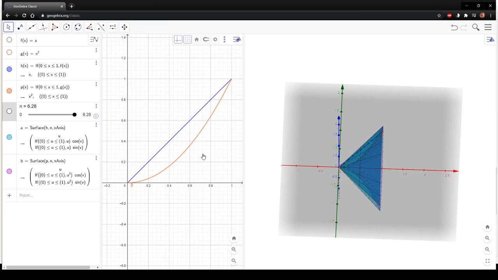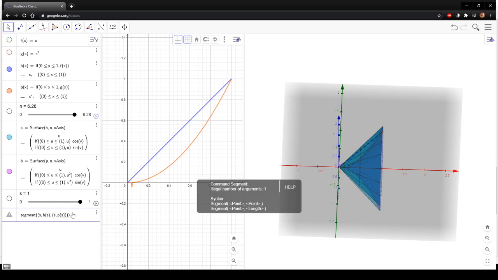So let's take a look at what these vertical slices are going to be. Let me start another slider. So the slices are going to range from x equals 0 to x equals 1. Okay, now the slice is going to go from the top to the bottom. And I've somehow managed to type things incorrectly.